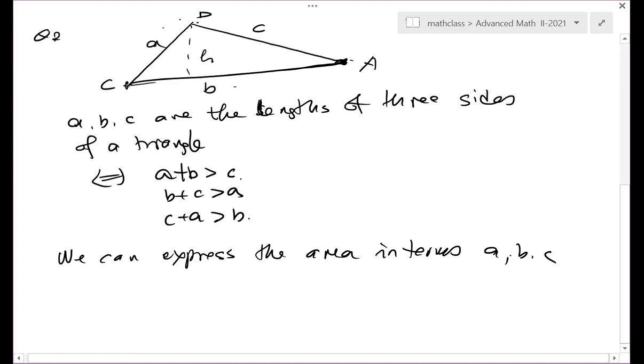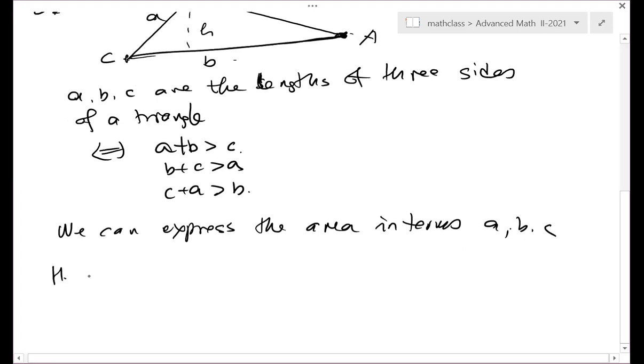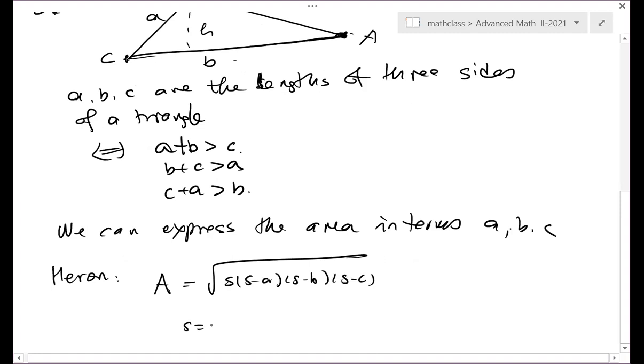The height is not given. You are only given A, B and C. So there was a person called Heron, and he proved that the area is going to be the square root of S times (S minus A) times (S minus B) times (S minus C), where S is half of the perimeter. Okay. Why is this true?